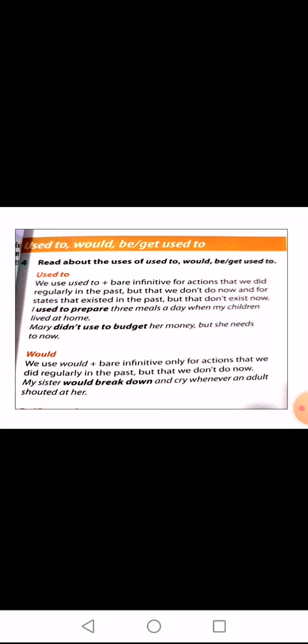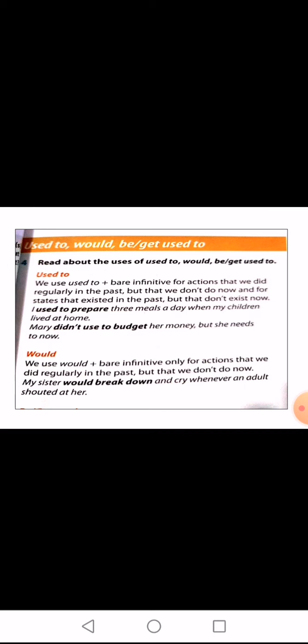The same use as used to: events you did in the past but that no longer exist in the present. That means events that you regularly did in the past but now you don't do. Events that happened and repeated in the past, but you don't do them in the present.